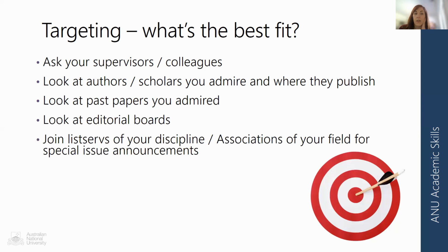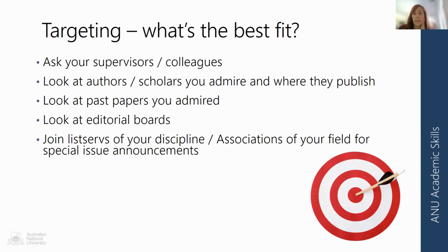It's a little bit easier to get into a special issue. If you're lucky enough that it suits your topic, there'll be fewer submissions, because fewer people will be eligible to submit on that particular subject or topic.